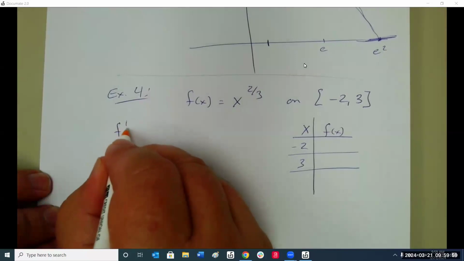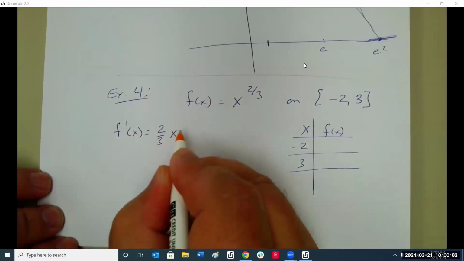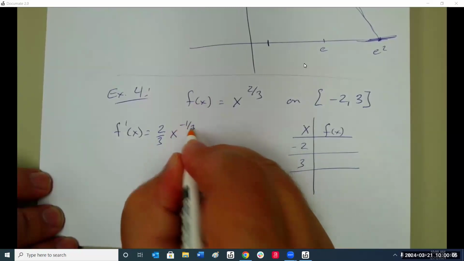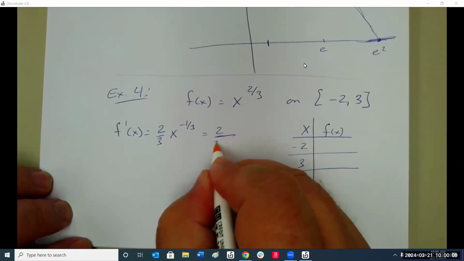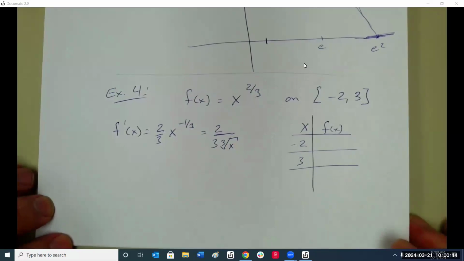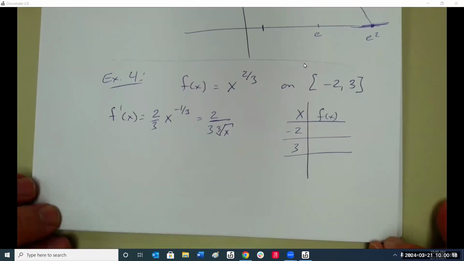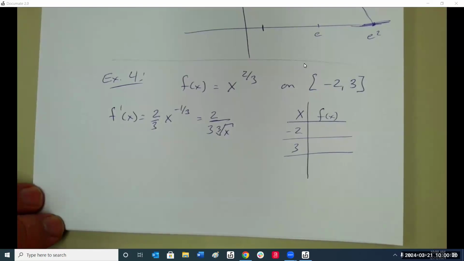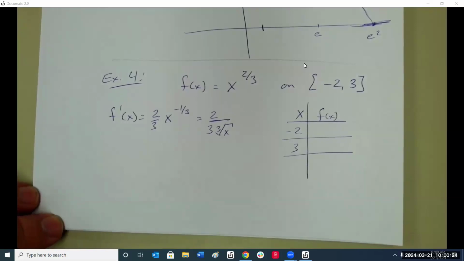So the derivative is going to be 2/3 x to the power -1/3, which makes it 2/3 cube root of x. Can we set that equal to 0?